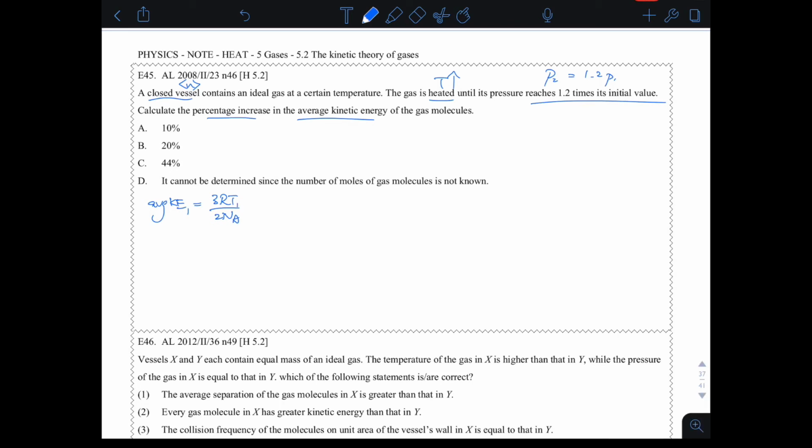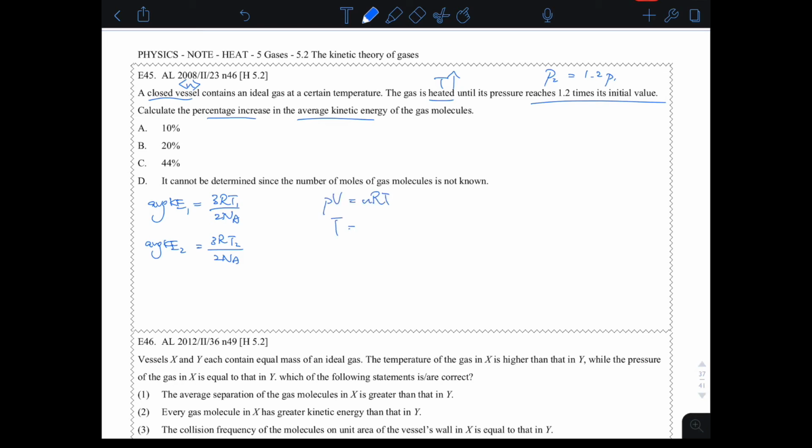This is average KE1, and then the average KE2 is depending on the temperature too. And the question didn't mention any change about the temperature. It just mentioned the change in pressure only. So you really have to know the change in temperature first before we talk about anything else.